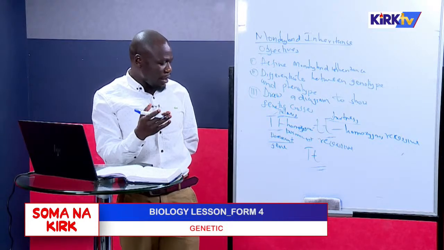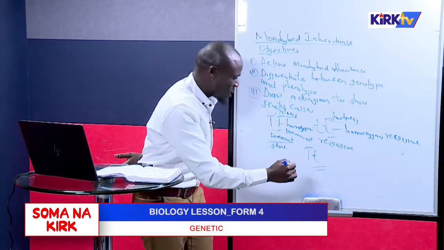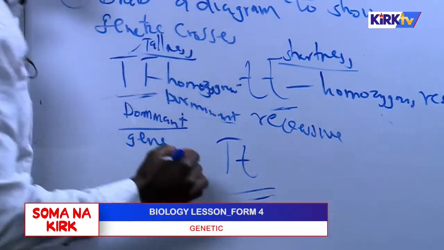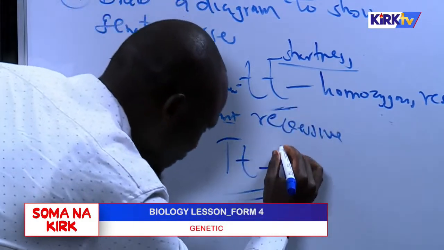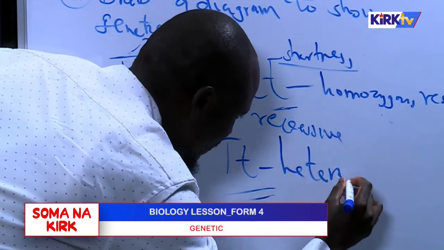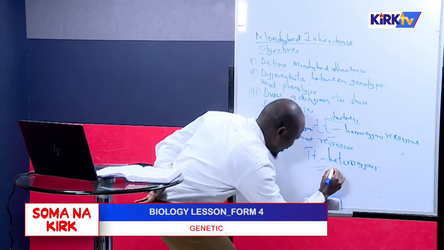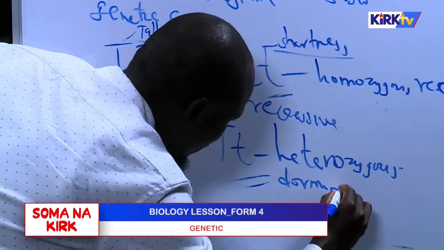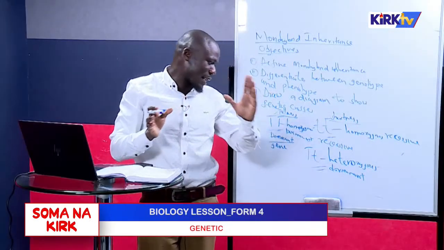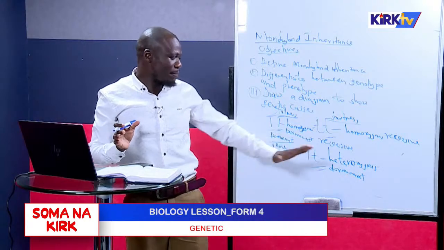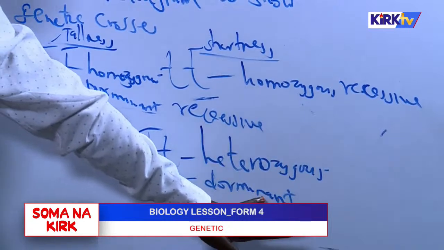For this case, whereby we have a mixture of both dominant and recessive, we refer to it as heterozygous dominant. The biological term used to refer to this concept is heterozygous dominant.